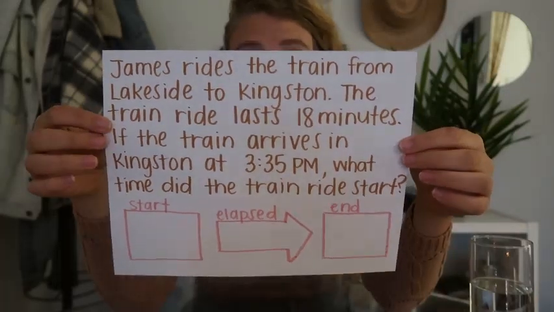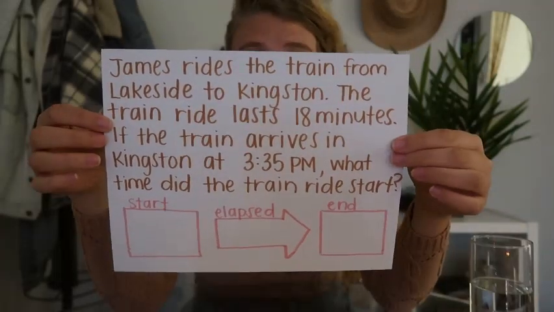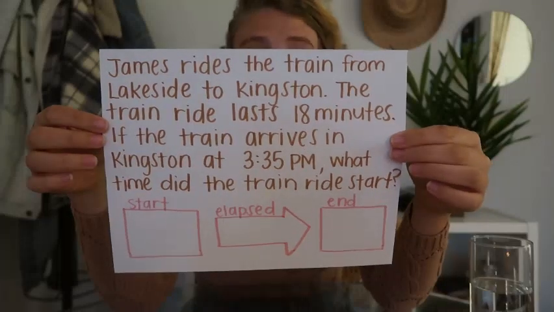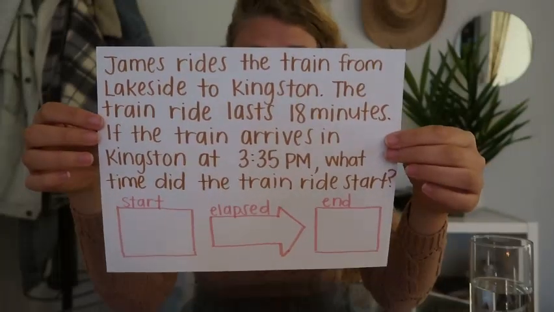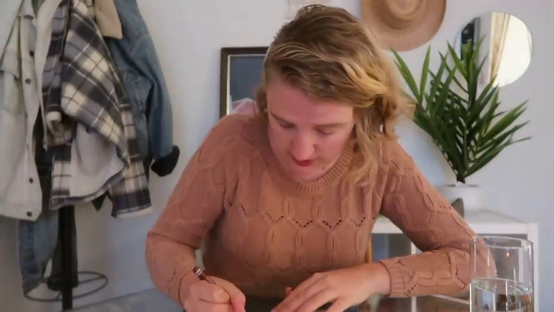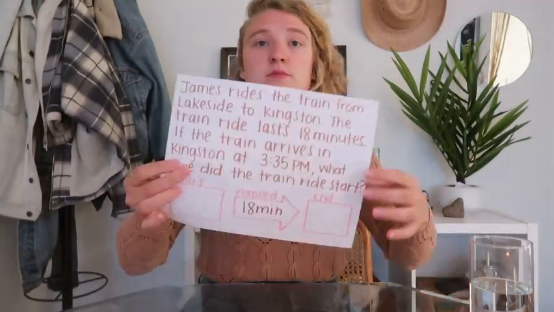So again, it says James rides the train from Lakeside to Kingston. The train ride lasts 18 minutes. That word last, how long it lasts, that's my elapsed time. Typically when I see that word, I can be confident that they're talking about an elapsed time. So I'm gonna write 18 minutes into that elapsed time spot.